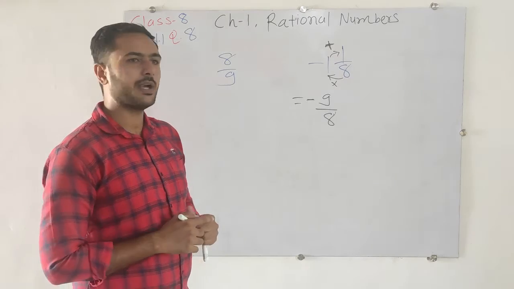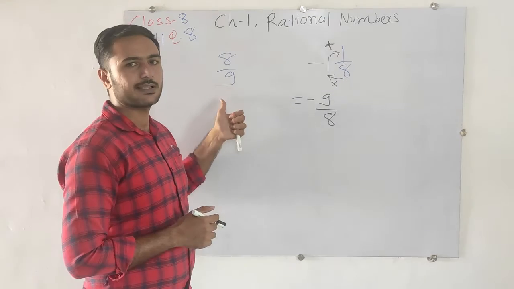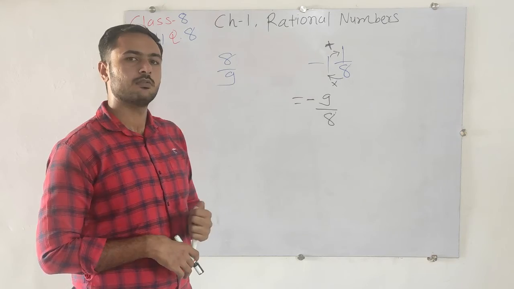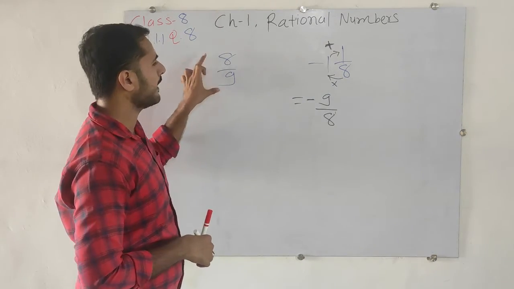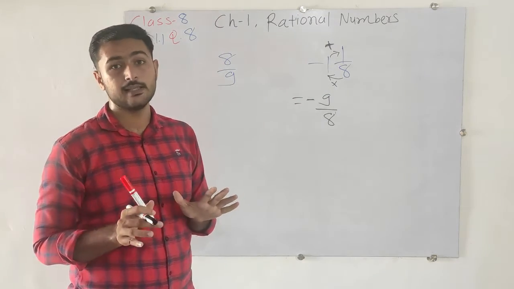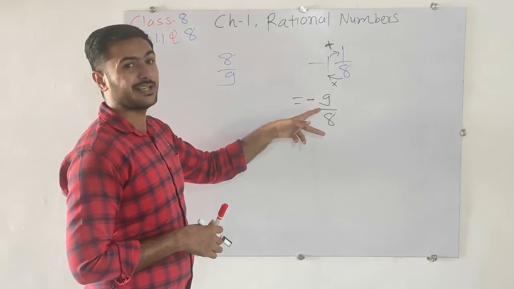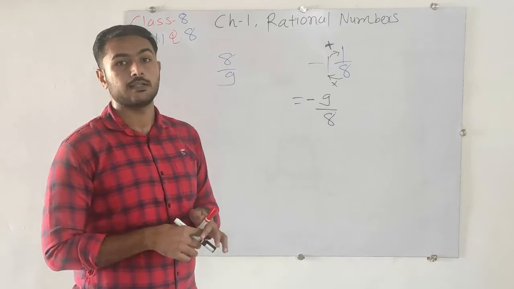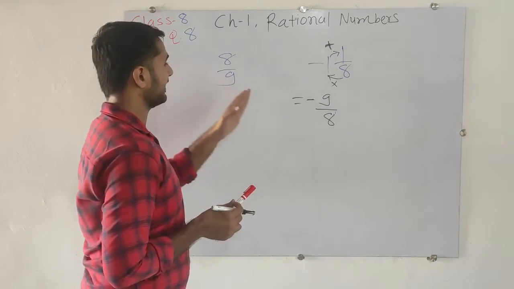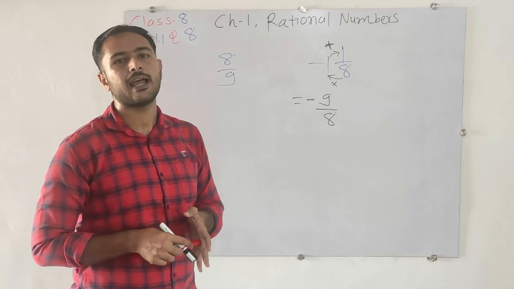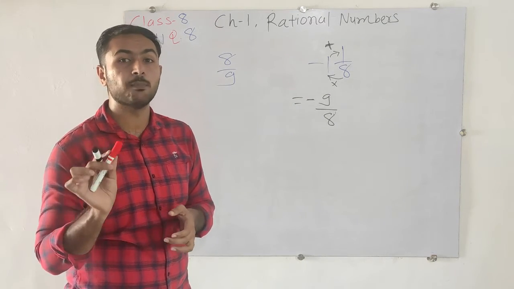So our answer is minus 9 by 8. Now we have to identify whether the given number is the multiplicative inverse of this number or not. Here is 8 by 9 and here is 9 by 8. Yes, the first reason is that this is the reciprocal of this number. But just identify the sign. Here it is positive and here it is negative. We change the sign in the additive inverse, not in the multiplicative inverse.